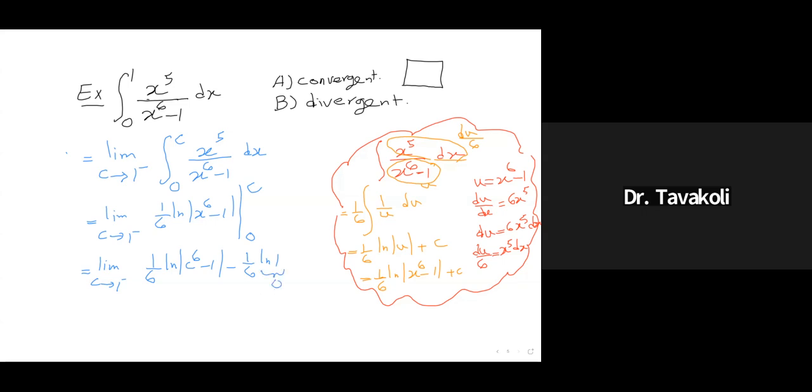Now, everything will depend on the first term. But when c tends to 1, c to the 6 will be tending to 1, and this tends to 0.